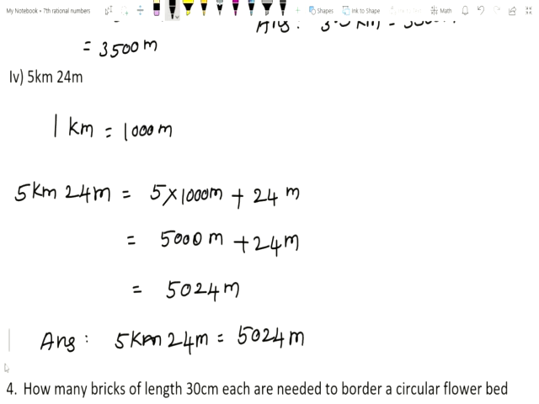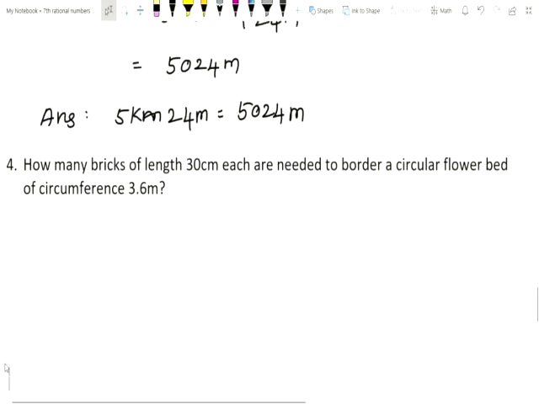Do you understand, children? Okay. See the next one. How many bricks of length 30 centimeter each are needed to border a circular flower bed of circumference 3.6 meter? So circular flower bed is there. They are using the bricks to cover this.